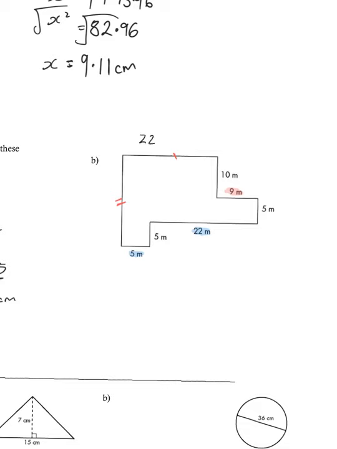So 22 plus the 5 minus the 9. Which equals, so 22 plus 5 is 27. Again, you can do it in your calculator if you want. Then 27 minus the 9 is 18. Okay, so I'm just going to rub that out. Put that as 18.